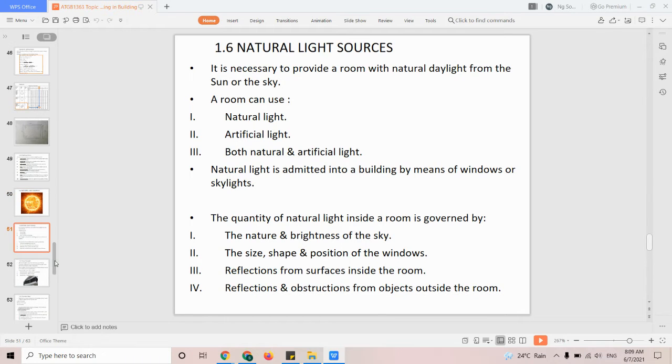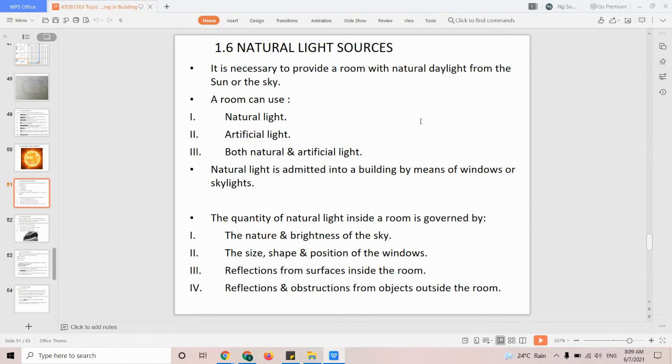Okay, so when we talk about natural lighting, which is from the sun, when it comes to buildings, we can use either the light source from our sun, which is only reliable during the day, or we have to supplement it with artificial lighting, which is what you have learned on the previous lesson.